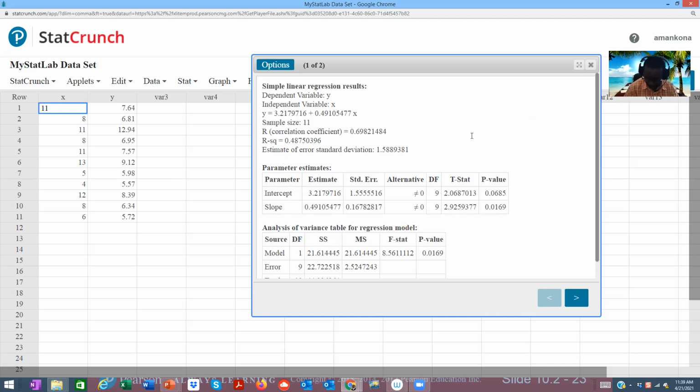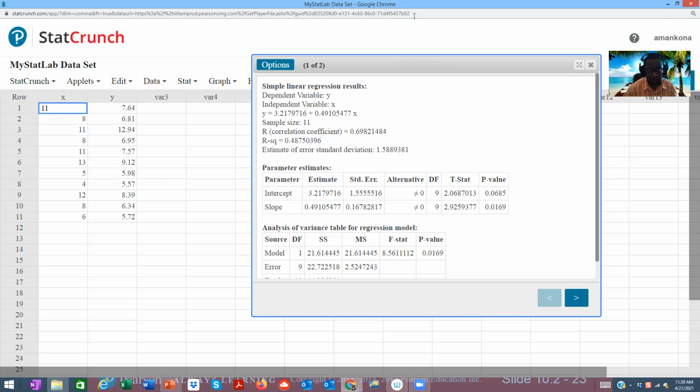My y hat, the equation, is 3.222 plus 0.491x. If they need the test statistic, it is 2.926. Let's go to the problem and enter these.